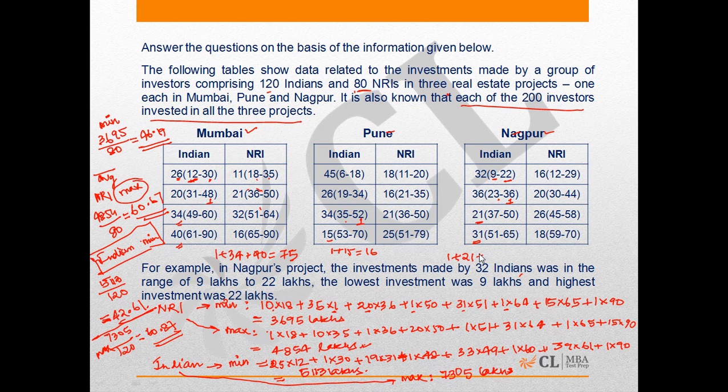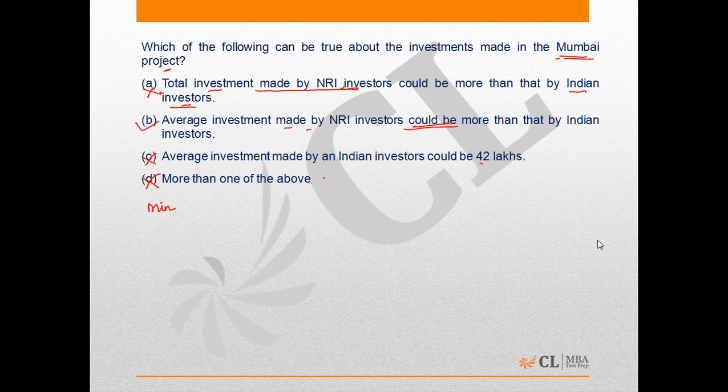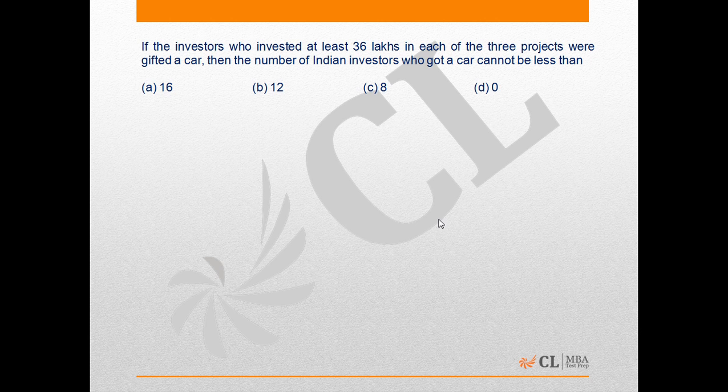So we will have 1 plus 21 plus 31, that is 53 Indian investors at Nagpur with over 36 lakhs in investment. Adding all of these three gives us 144, and the total number of Indian investors we have is 120. So definitely there is not a single Indian investor who cannot get a car, right? So the right answer comes out to be 0.